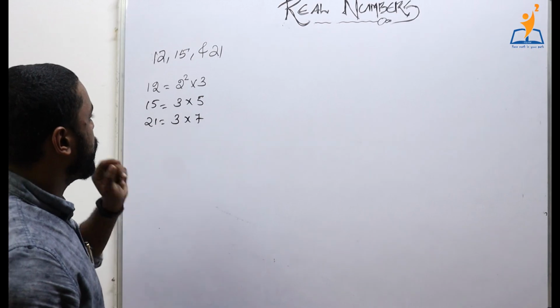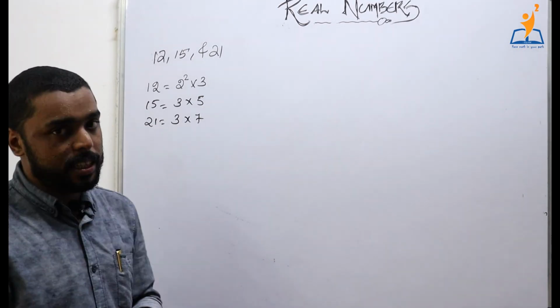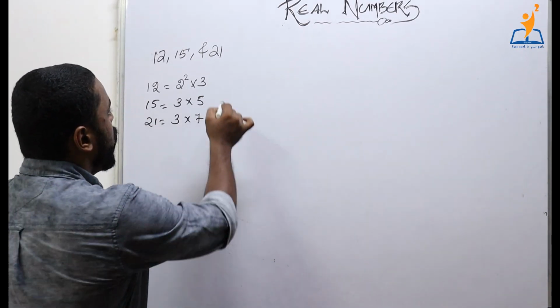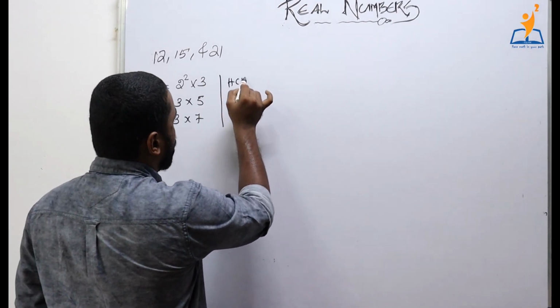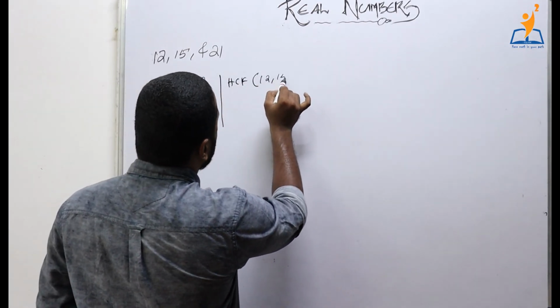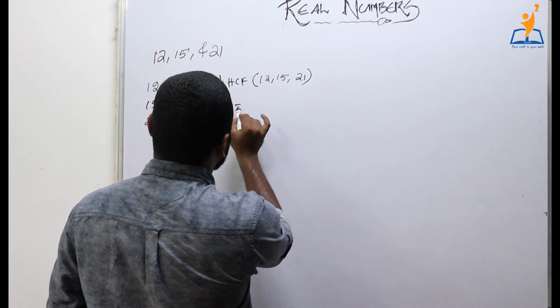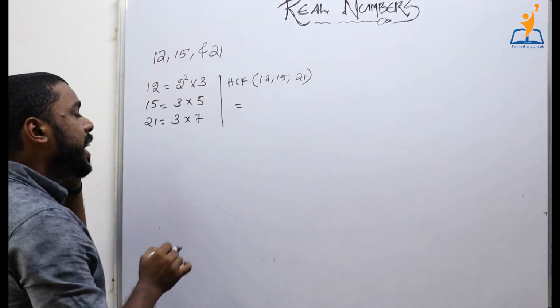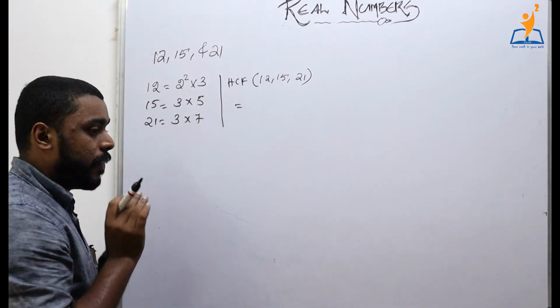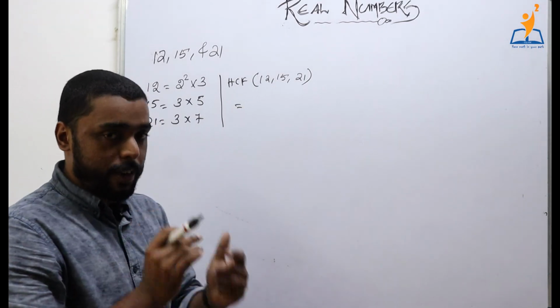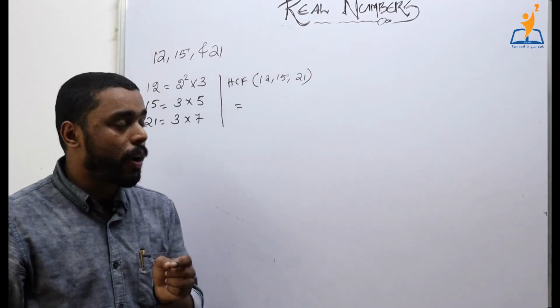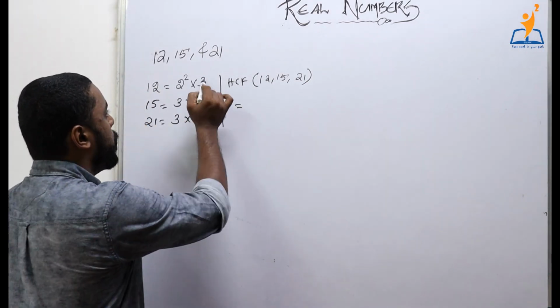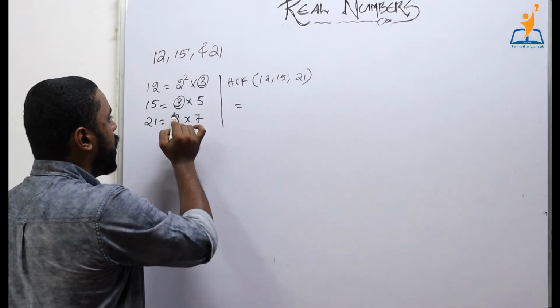Now we have the prime factorization of each number. Now HCF of 12, 15, 21 is equal to, locate the common primes. Whenever we are asked to find the HCF of any numbers, we want to find the common primes. Here the common prime is 3, present in all three.